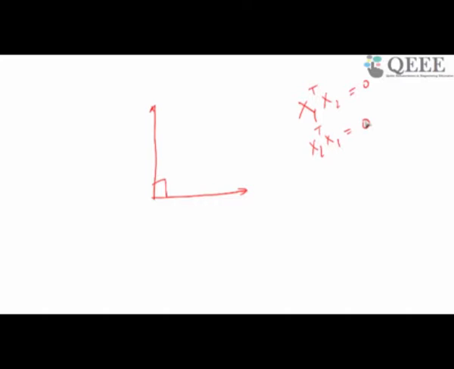Now, if you ask why orthogonality is important from the data science viewpoint, the reason is the following. For example, let us say I have two basis vectors v1 and v2, and I am going to write some vector y as a function of v1 and v2. If these vectors turn out to be orthogonal, then the computation becomes straightforward.